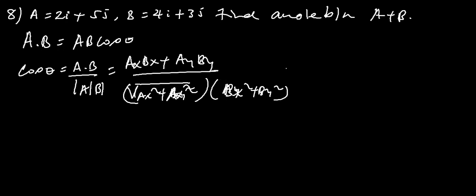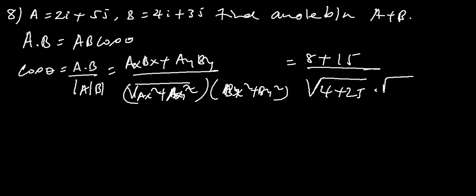This is 8 plus 15 over the square root of 2 square, 4, plus 5 square, 25, times the square root of 4 square, 16, plus 3 square, 9.